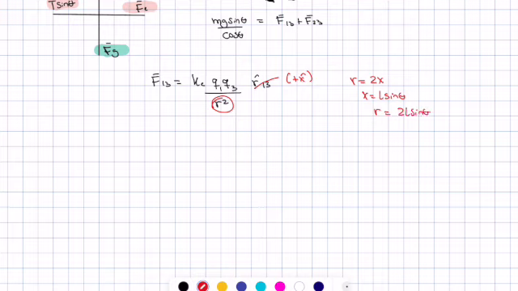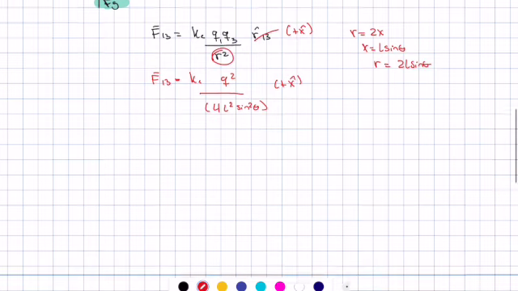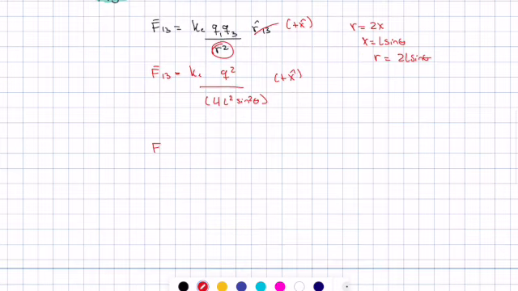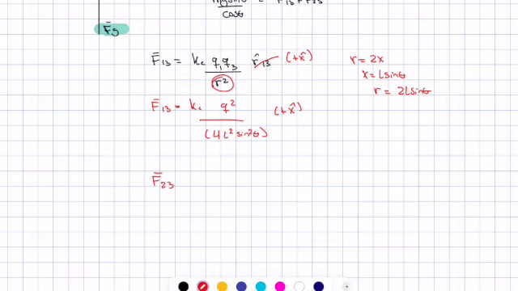I just plug that in here, so I get F13 is equal to k_e Q1 Q3 over, and then I just plug that in, and that becomes 4L squared sine squared theta. And I know that my charges all have the same value, so that's just going to be q squared in the plus x hat direction. Okay, so then we have force 2, 3 that we care about.